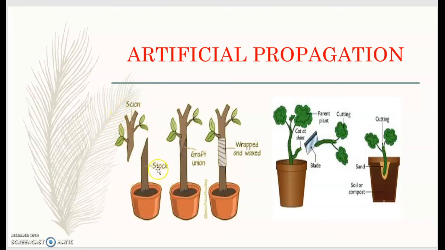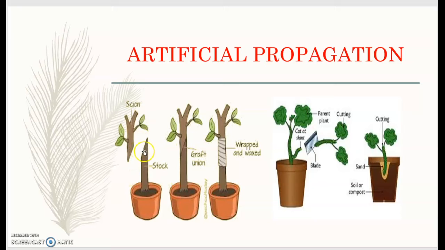Okay. Now what they are doing is they have to make a slanting cut. Why should it be a slanting cut? It shouldn't be a proper vertical section. The reason is when we have a slanting cut, we are increasing the surface area which will be in contact later.